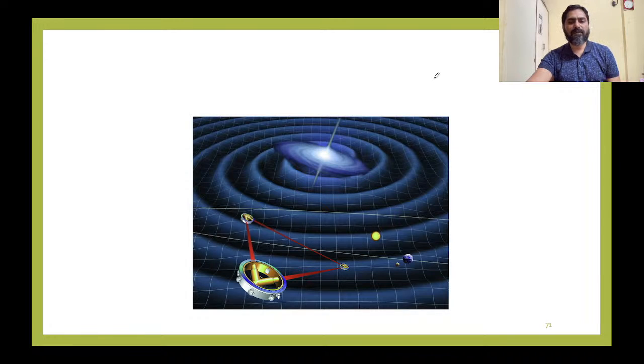So this is one of the pictorial diagrams to show you LISA. Here, this is our Sun. This is our Earth. And here you can see there are three spacecrafts. We have one spacecraft, second spacecraft, and here we'll have the third spacecraft. In this diagram, let us say two black holes have merged.